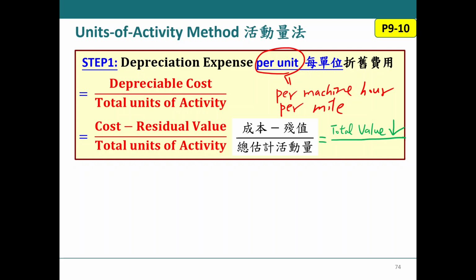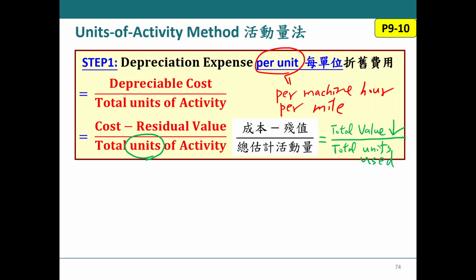So divided by total unit, not years. So there's a total unit you used. So after that, you will get depreciation expense per unit.